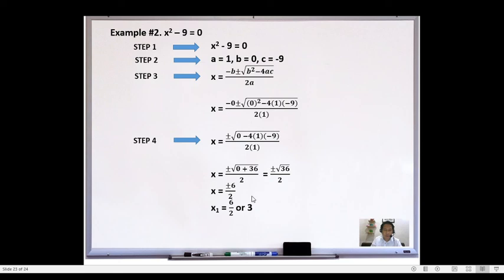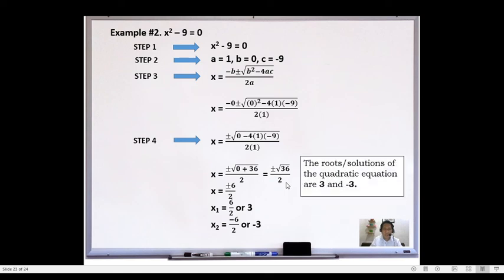So therefore our first root, x now is equal to 6 over 2, or that is equal to 3. This is our first root or solution. The second root, we will take the negative, that is x is equal to negative 6 over 2, or negative 6 divided by 2 is equal to negative 3.